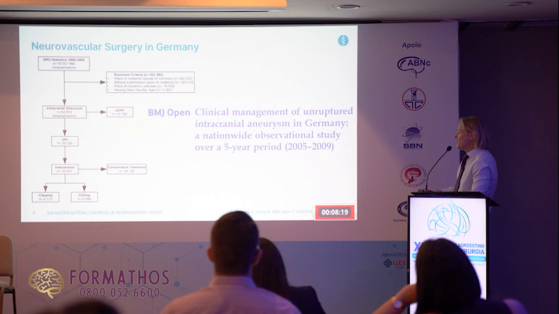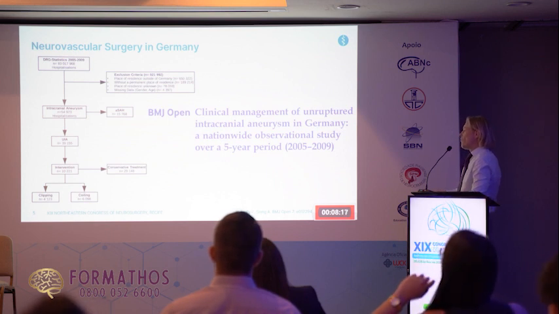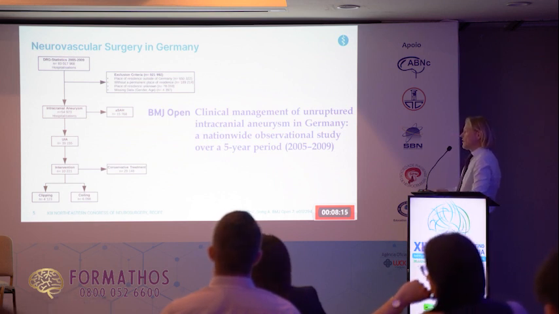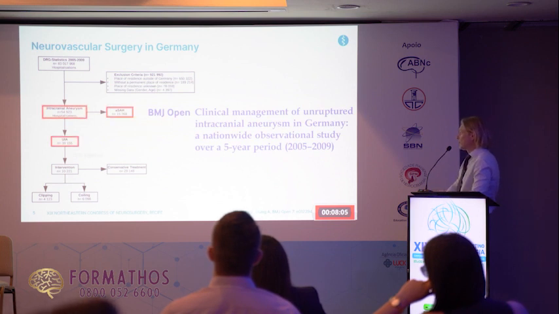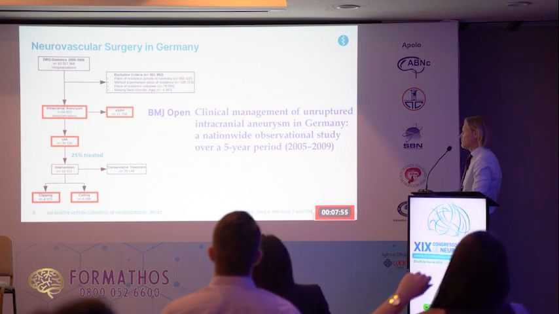You can already see here that more than half of the aneurysms in the unruptured population were treated by endovascular treatment, and that was already in 2005. Only 25% of the unruptured aneurysms got treated surgically, which is a very low rate.